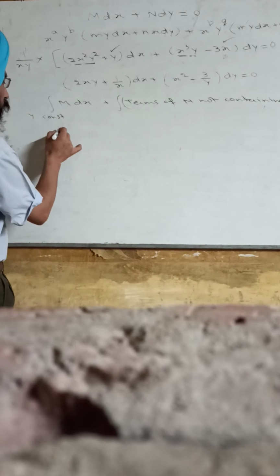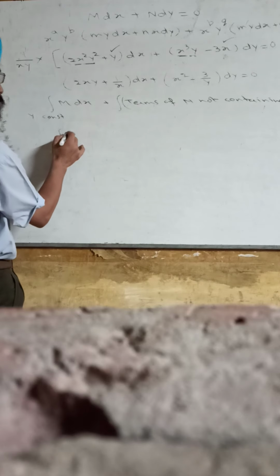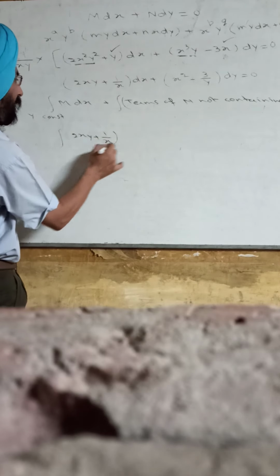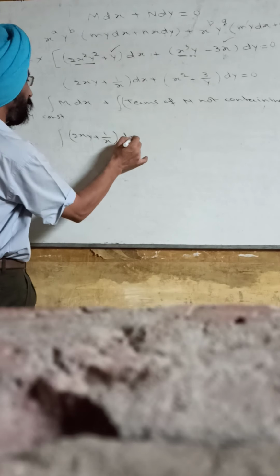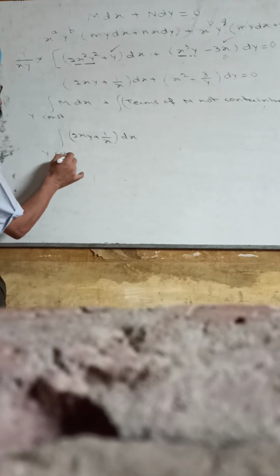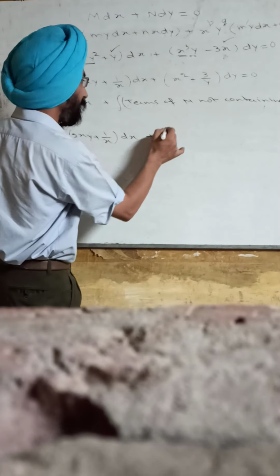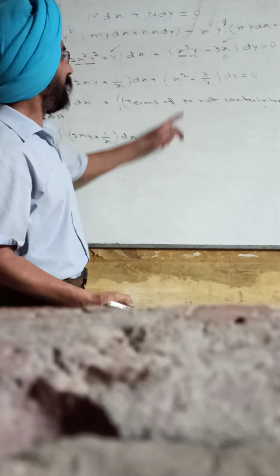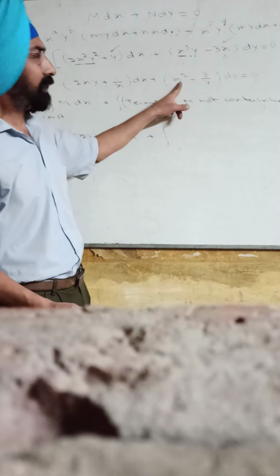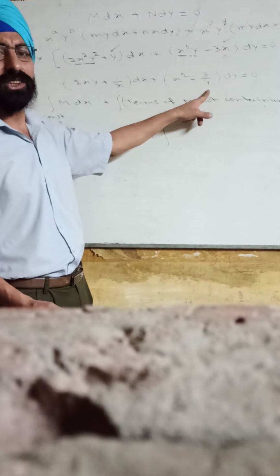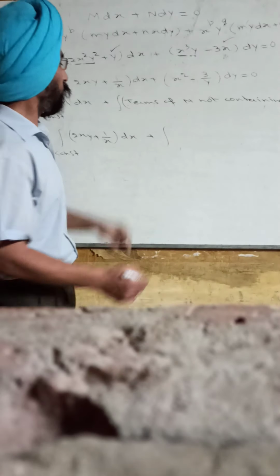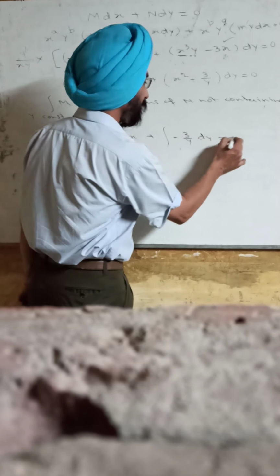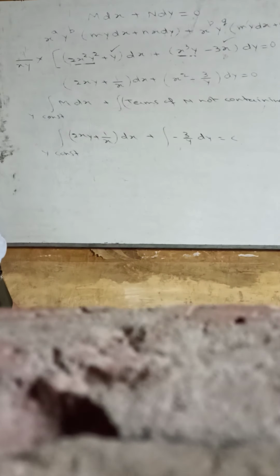So what we are going to obtain: integral of m dx, your m is now 2xy plus 1 upon x dx, treating y as a constant, plus integral of terms of n not containing x. This term contains x. This is the only term which does not contain x. So you will get here minus 3 upon y dy is equal to the constant of integration.